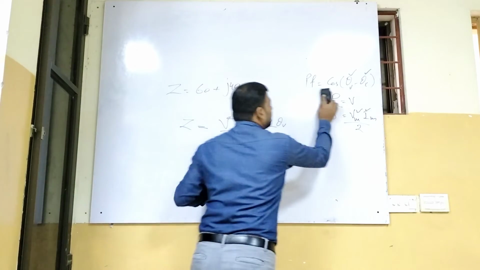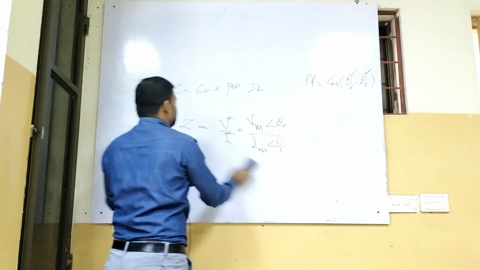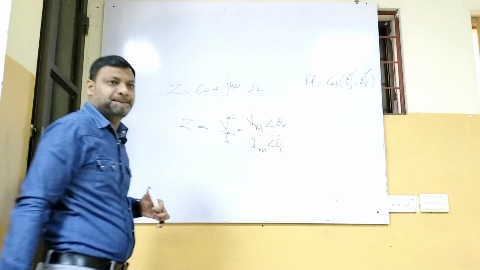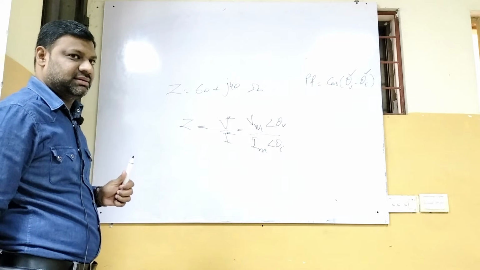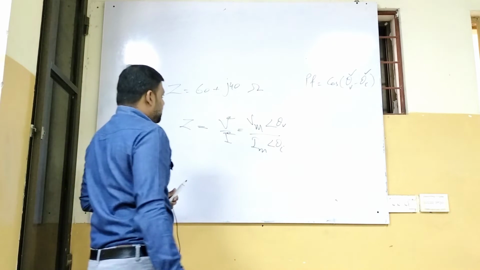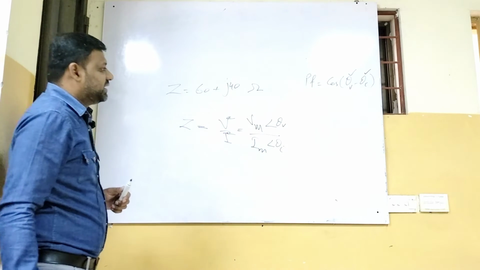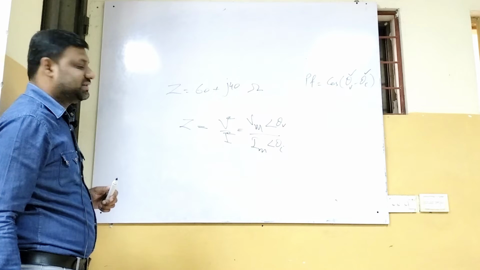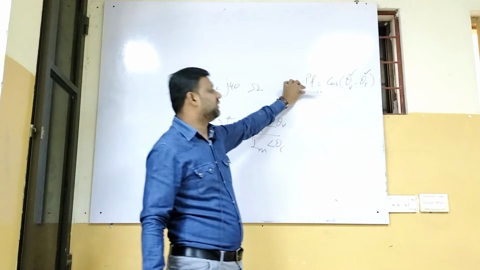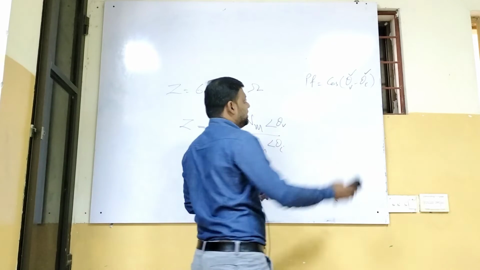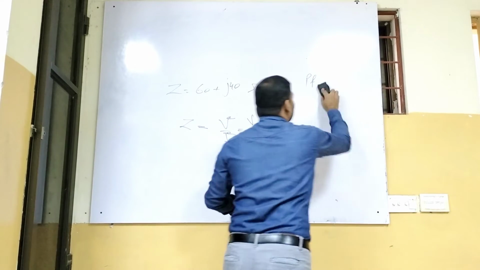Ahmed? If we know the angle, whose angle? Of the capacitor and inductor. We don't have any capacitor or inductor here. The question has stated impedance and asked about the power factor. Okay. We don't have that formula.